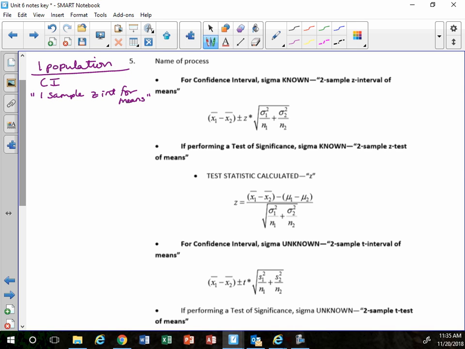So now we're just looking at a two sample Z interval for means. And our formula before, remember, was just x bar plus or minus Z crit times sigma over square root of n.